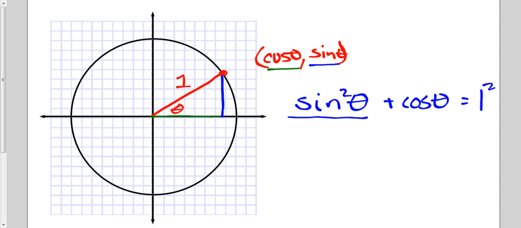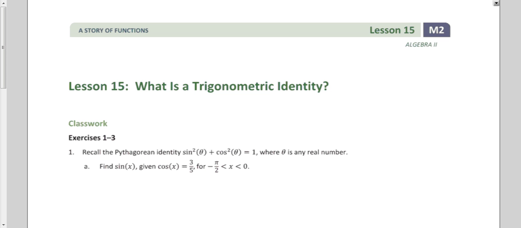So the way I originally wrote it meant square theta and then take the sine or cosine of it. This right here means take the sine of theta and then square that result. And that's what I want. Okay? So sine squared theta plus cosine squared theta equals 1. That is your Pythagorean trig identity. Okay? That's the proof for this guy.